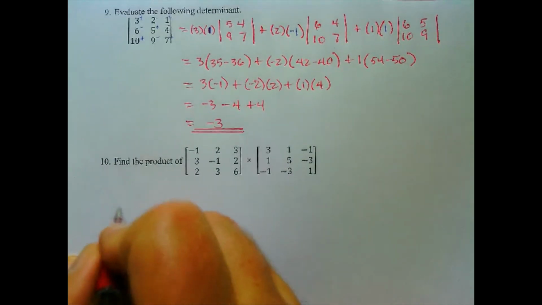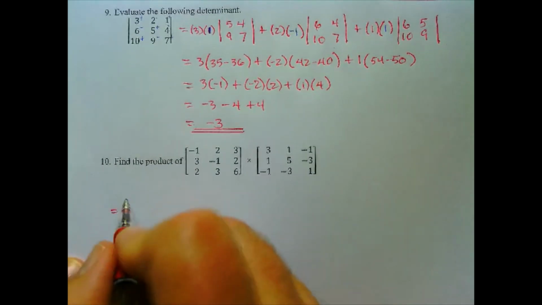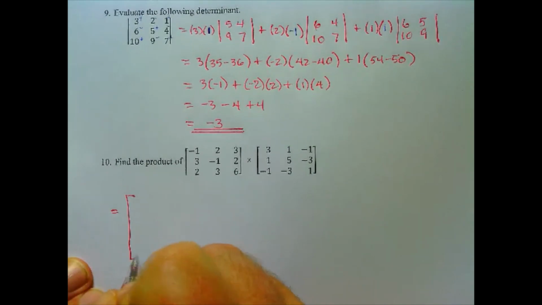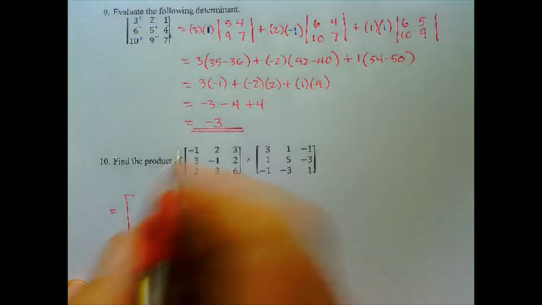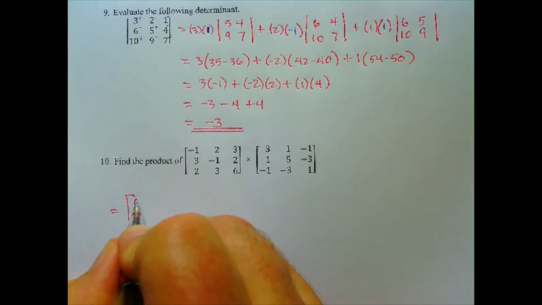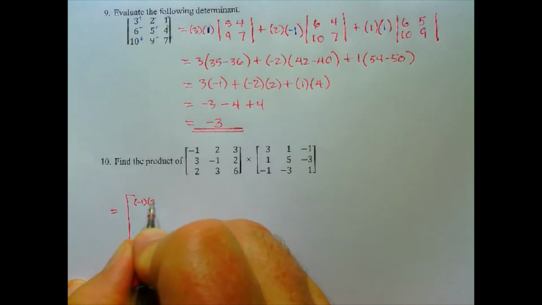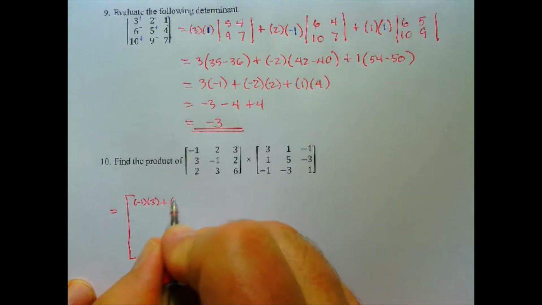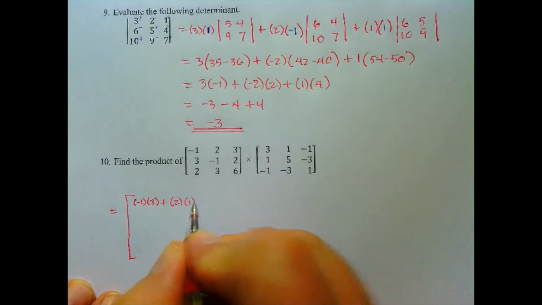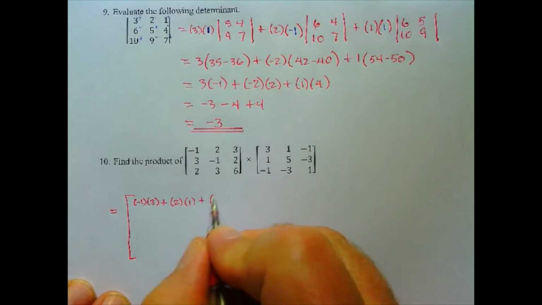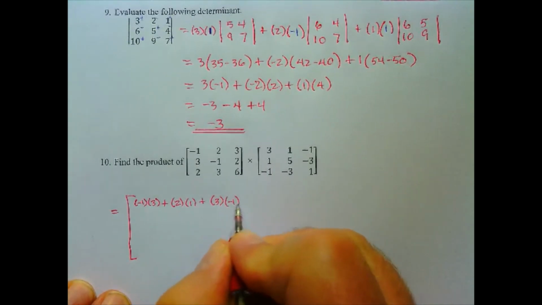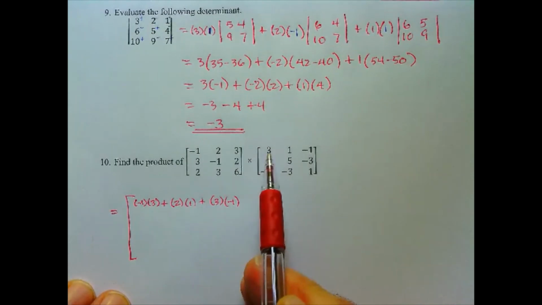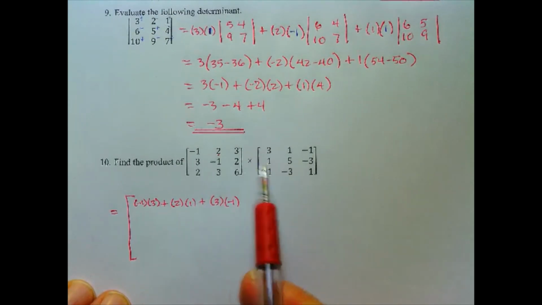So we're going to have -1 times the 3 plus 2 times the 1 plus 3 times the -1. So note, -1 times the 3, 2 times the 1, 3 times the -1.